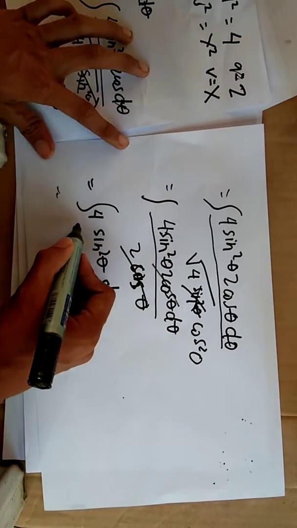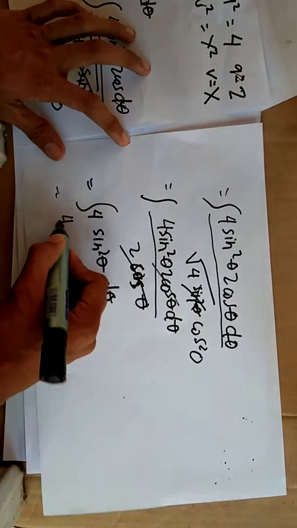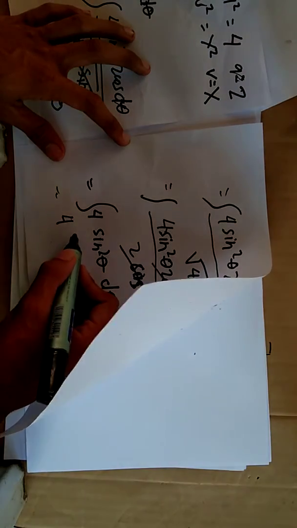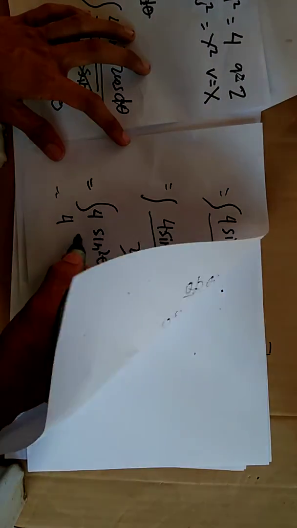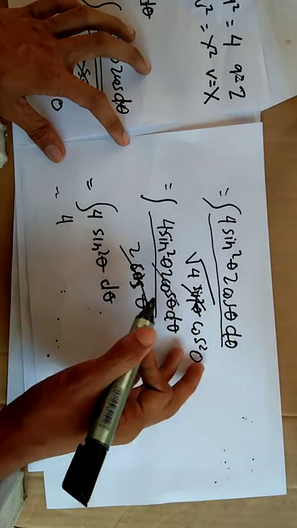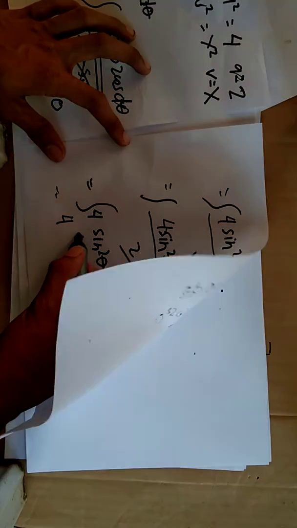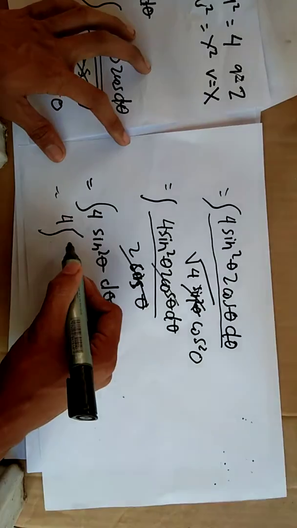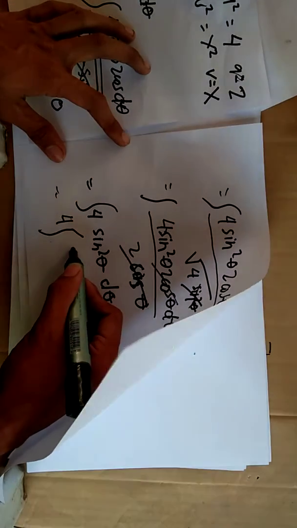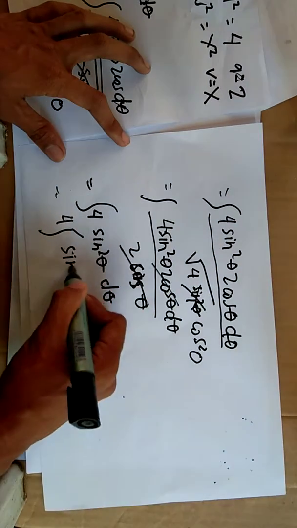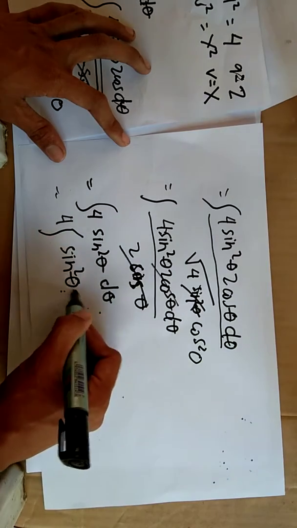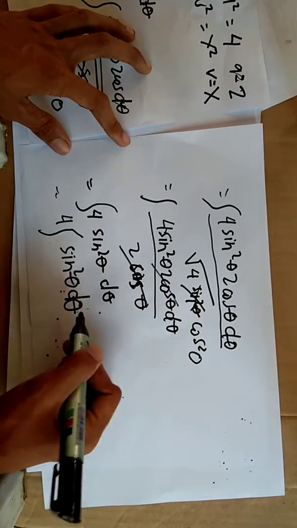Next, we will extract the 4 since it is a constant. So 4 times the integral of sine squared theta d theta.